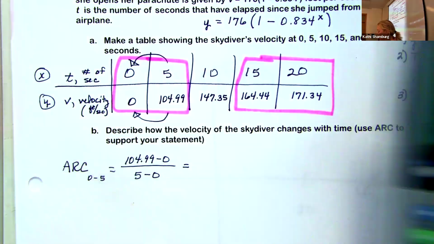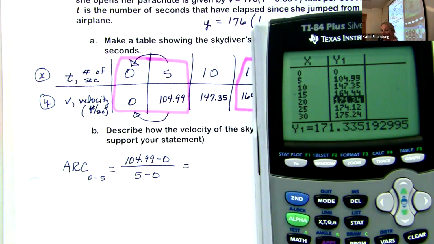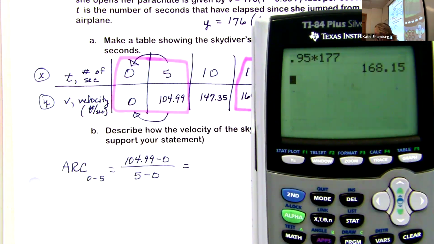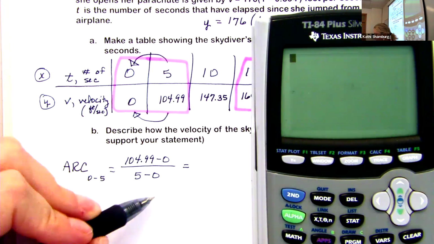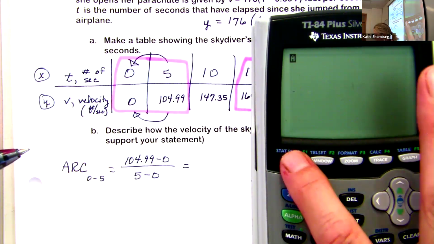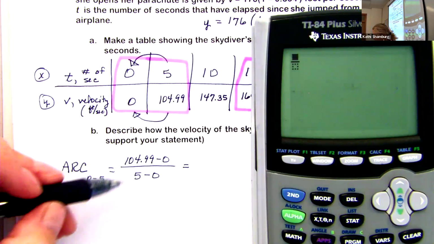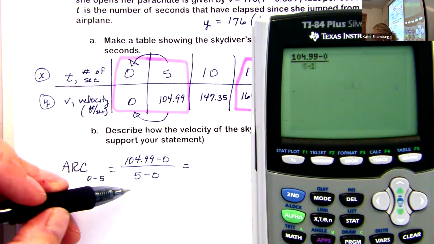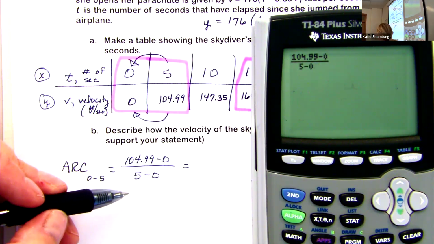So I'm going to go to my calculator. Again, this all stays in here, but I can clear the screen by doing second quit. And now I want to put this in. So alpha y equals 1, 104.99 minus 0, and in the denominator, 5 minus 0.